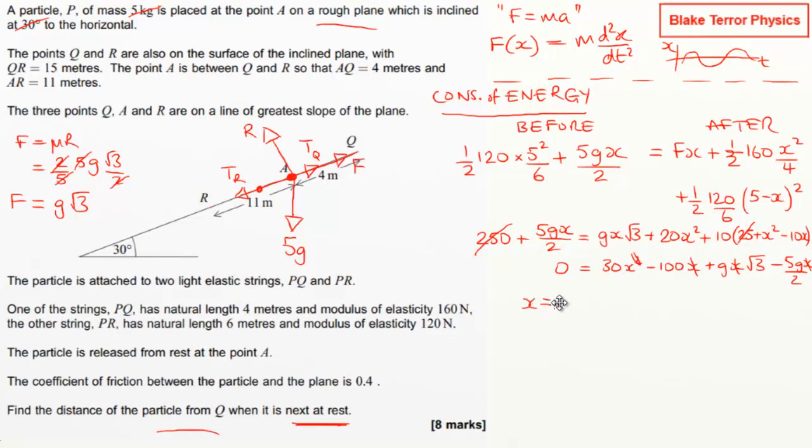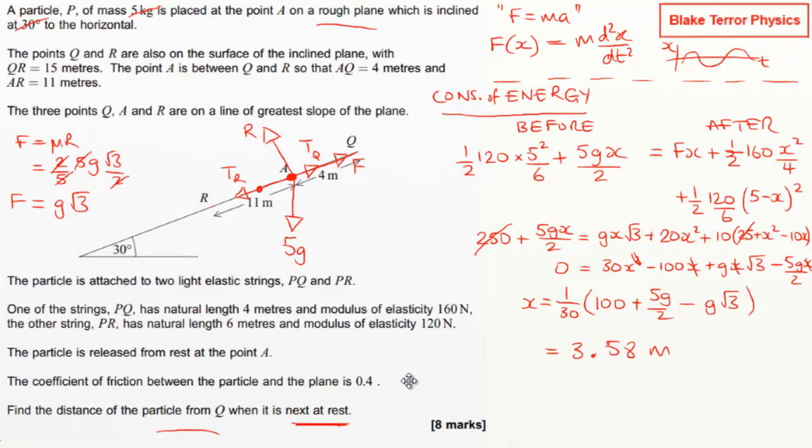So x is going to be 1 over 30 times 100 plus 5g over 2 minus g root 3. Now we just need to type that into the calculator and get that x is 3.58 meters.